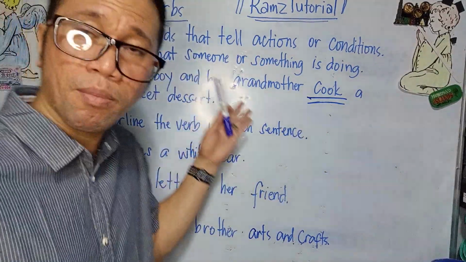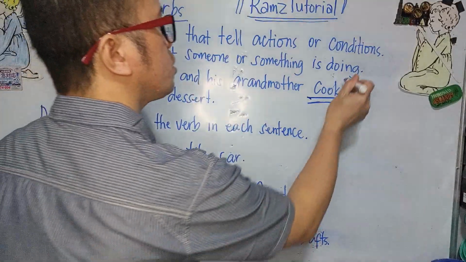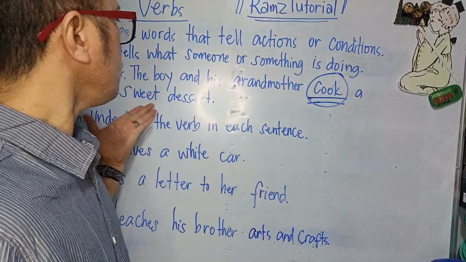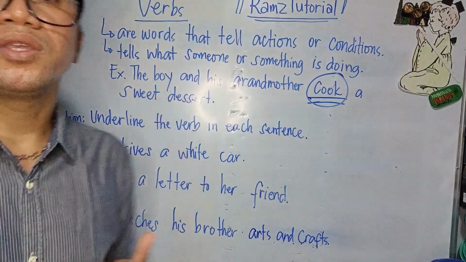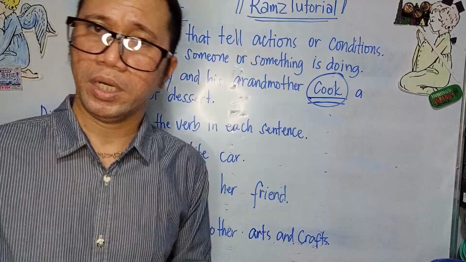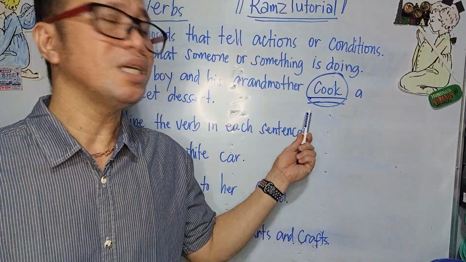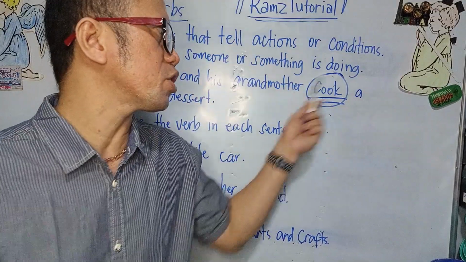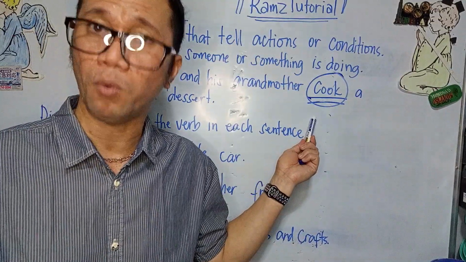What the boy and his grandmother do is cook. They cook a sweet dessert. Cook is an action word, or salitang nagpapakita ng kilos o galaw, or what we call in Tagalog, pandiwa.